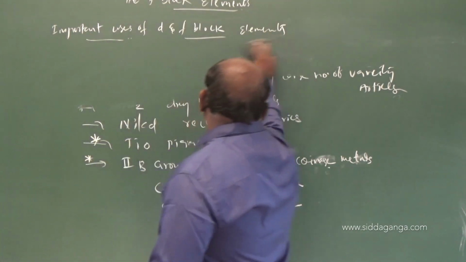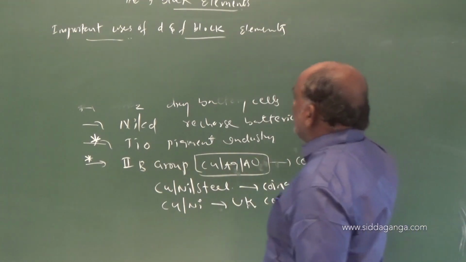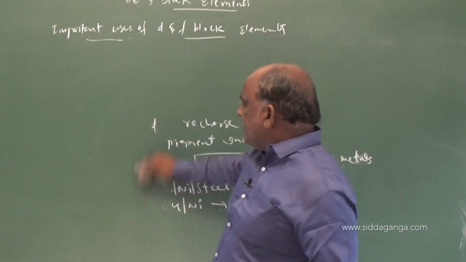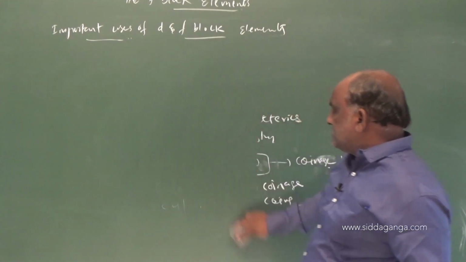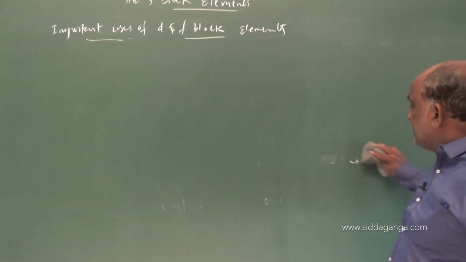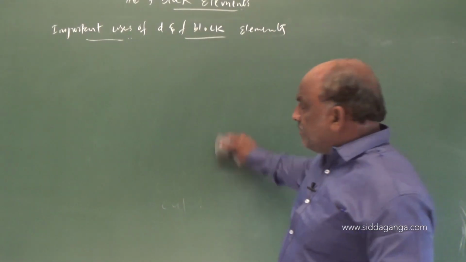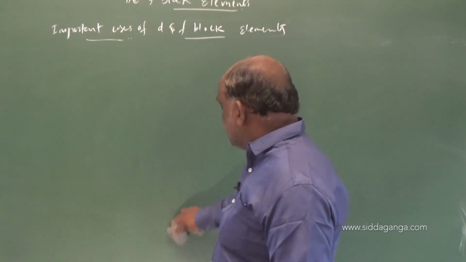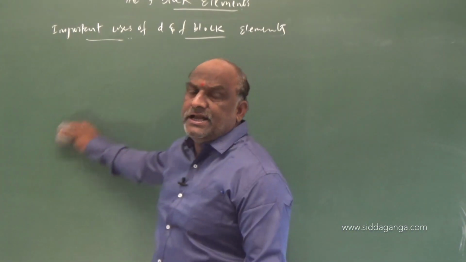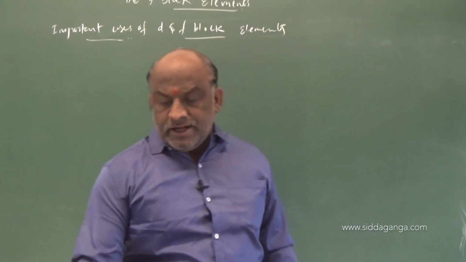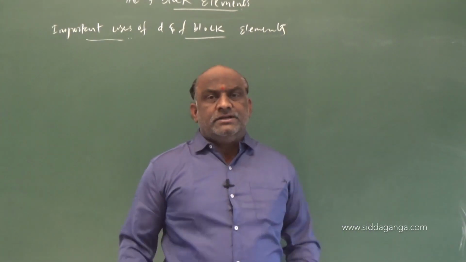Because of these uses, we expect questions for entrance. In the pigment industry, which compound can be used? The answer is TiO.